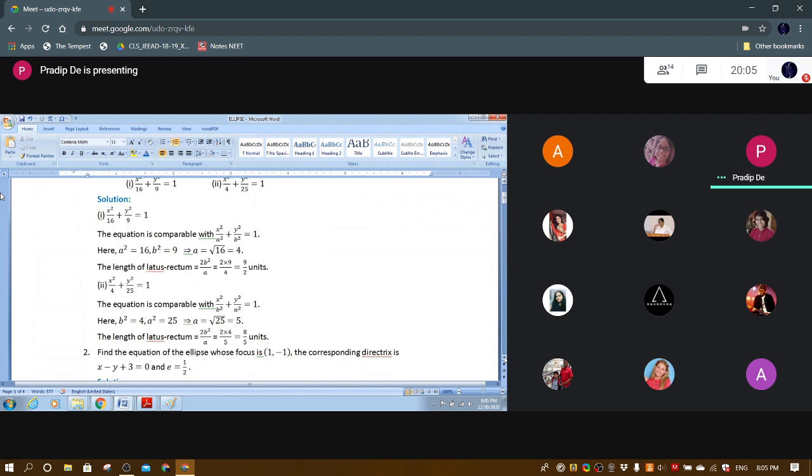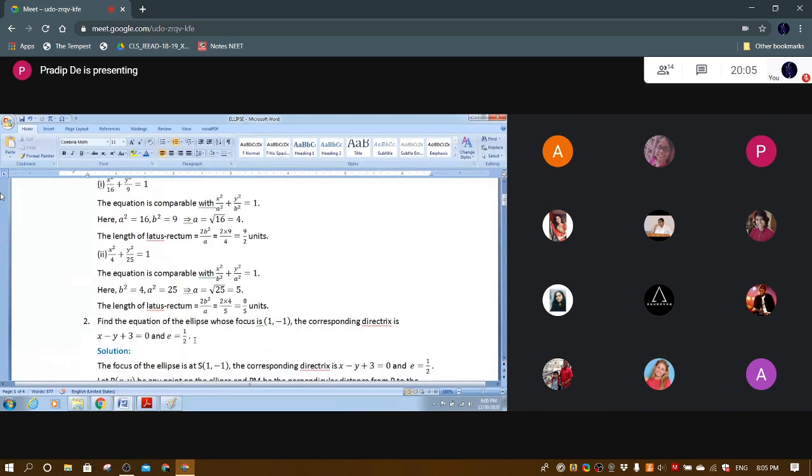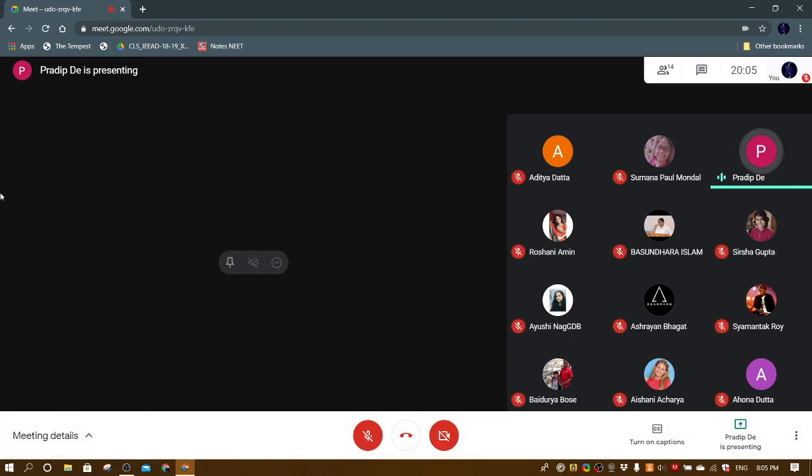When these three are given, to find the equation, we use the definition of a conic section. When the focus and directrix are given, every focus has a corresponding directrix. It is understood that when one focus is given as 1, minus 1, the directrix given must be the corresponding directrix. It will never be given for one focus and the directrix on the other side.